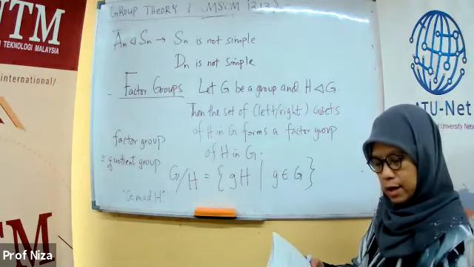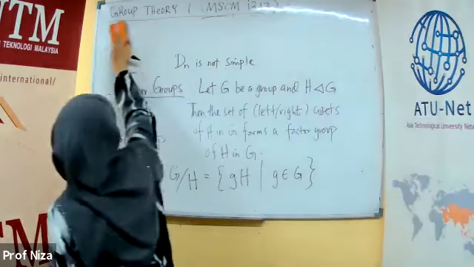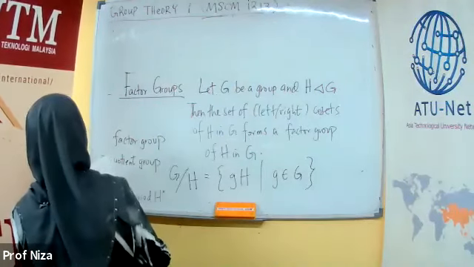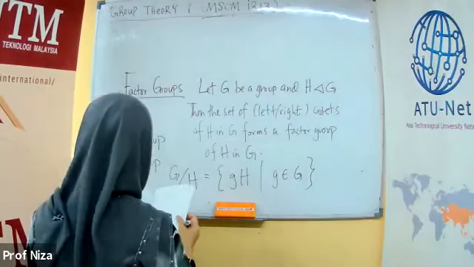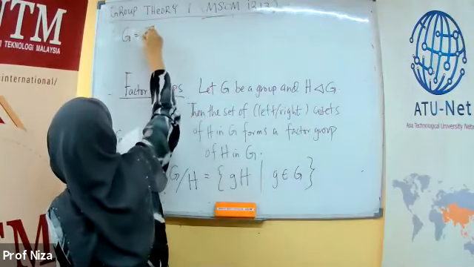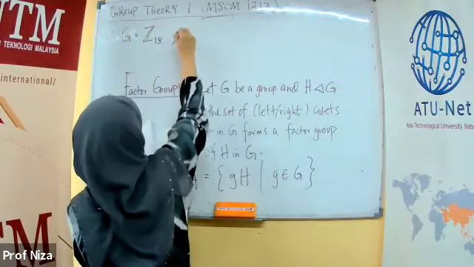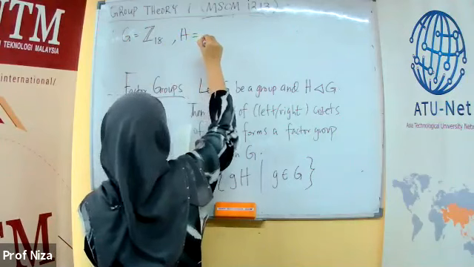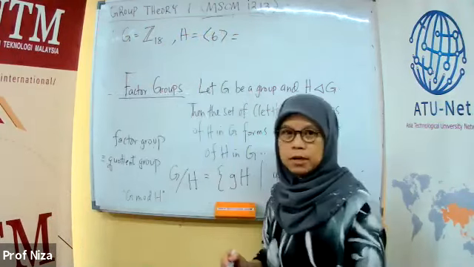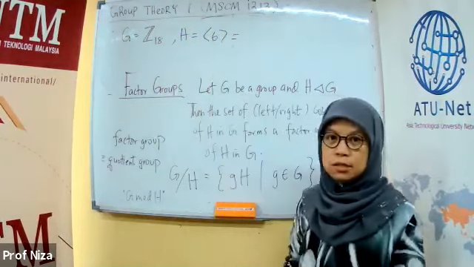Let's look at an example. The simplest example would be an abelian group, Z18, and H generated by 6, of order 3. 18 divided by 6 is 3.